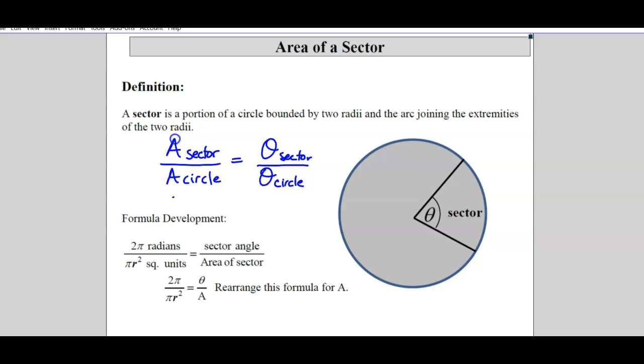So therefore, the area of the sector equals, so theta, the angle of the sector, I'm just going to call theta, over the angle of the whole circle, which is 2 pi radians. And then if I multiply through to isolate the area of the sector, the area of the circle is pi r squared.